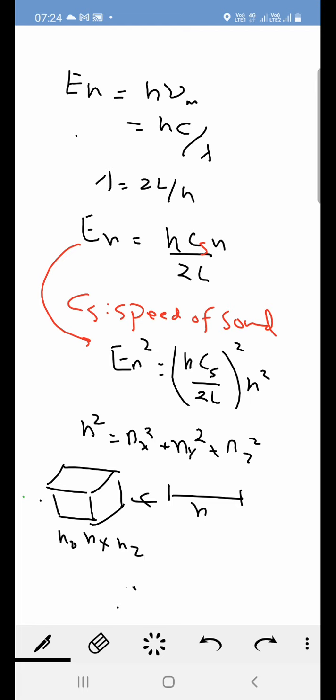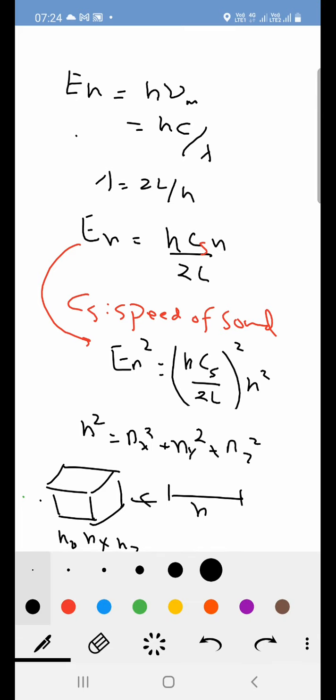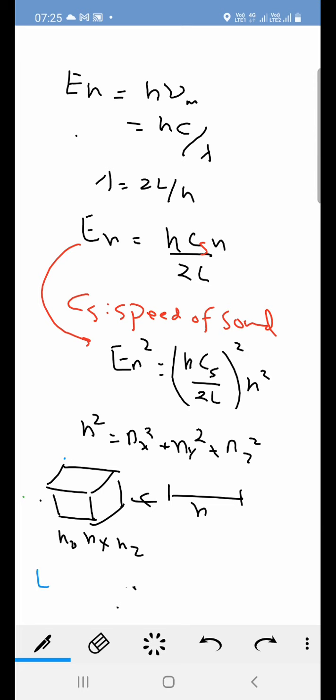It means the wave is clamped in the three directions. So this is the equation that we obtain: En square is equal to (hcs by 2L) whole square into nx square plus ny square plus nz square.